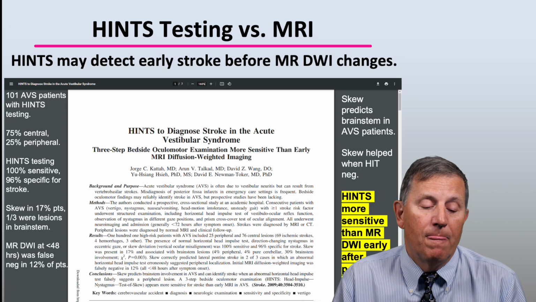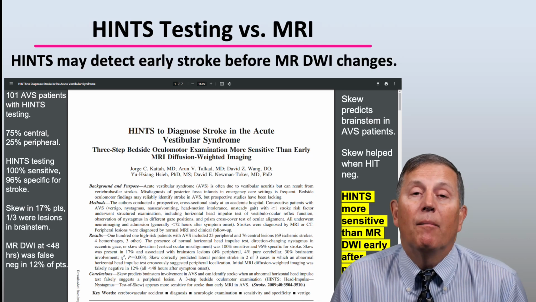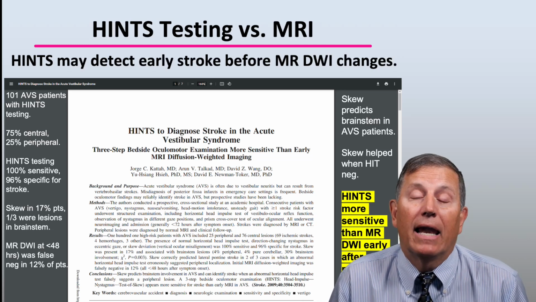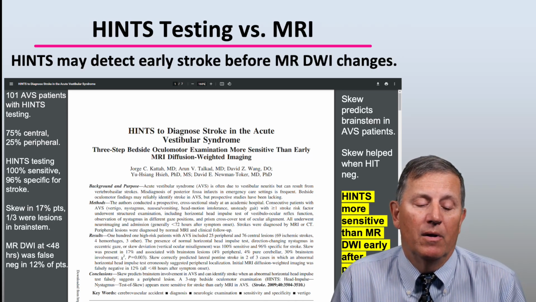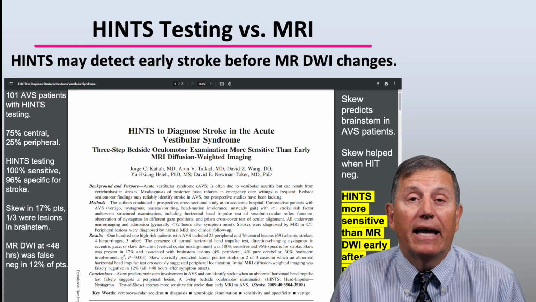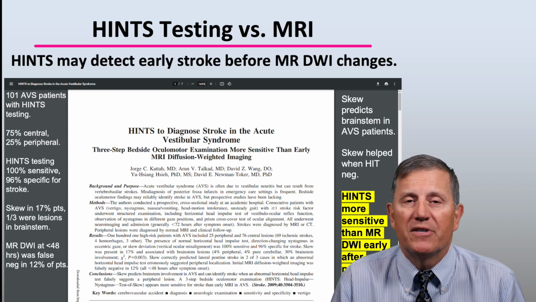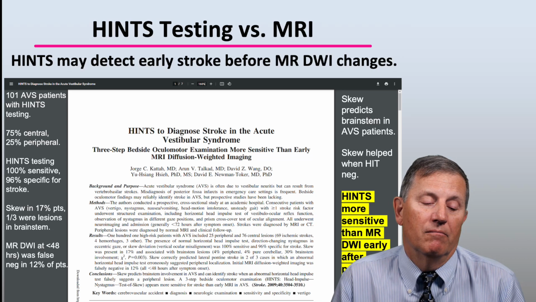Why is that? Because MR at less than 48 hours in a patient with acute vestibular syndrome could be falsely negative in up to 12% of patients.